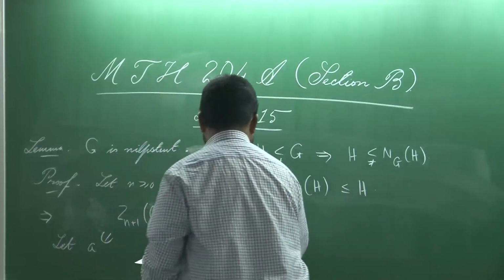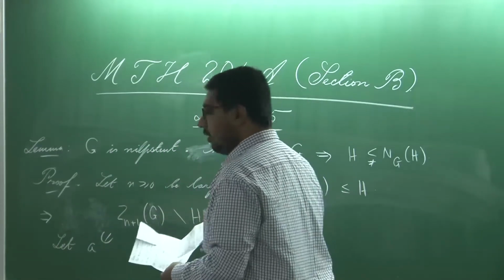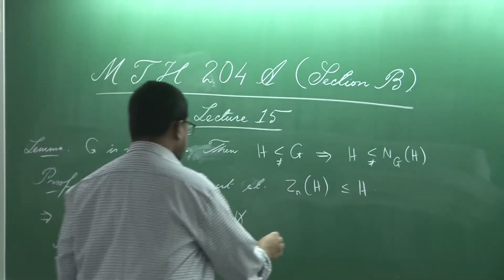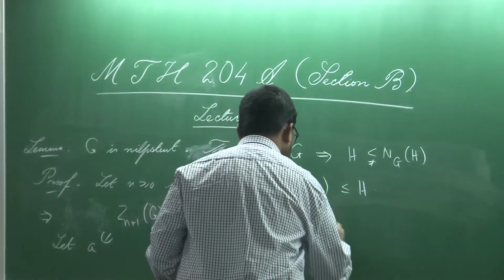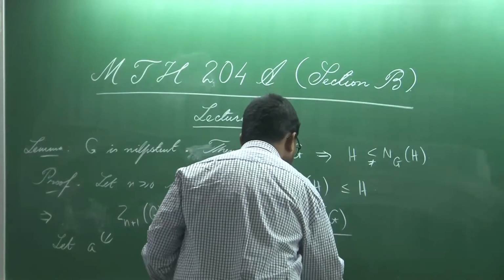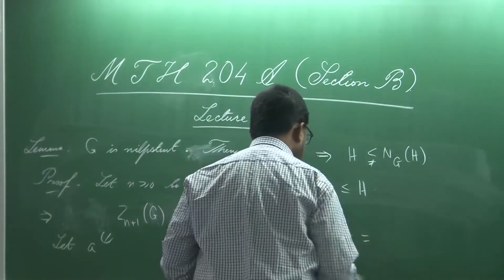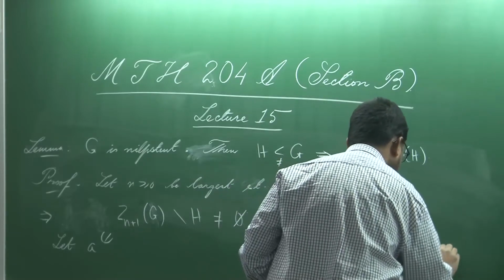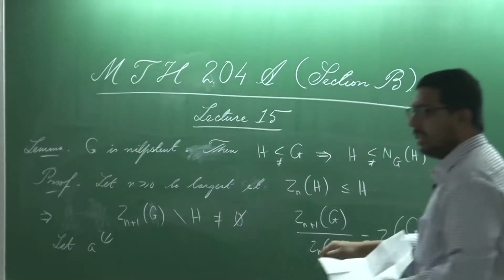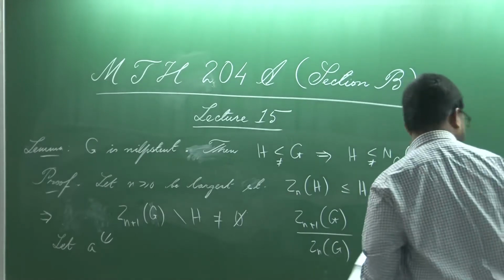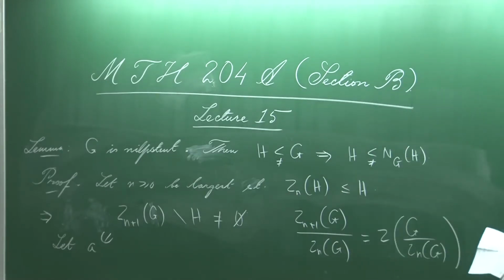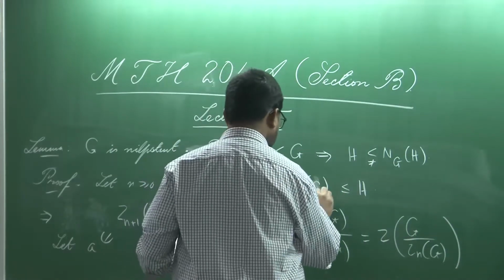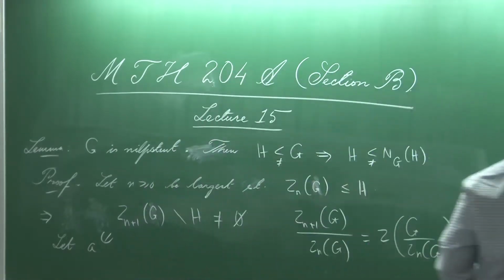If you remember, Z_{n+1}G quotient Z_nG is nothing but the center of G modulo Z_nG. So being the center, this is an abelian group.